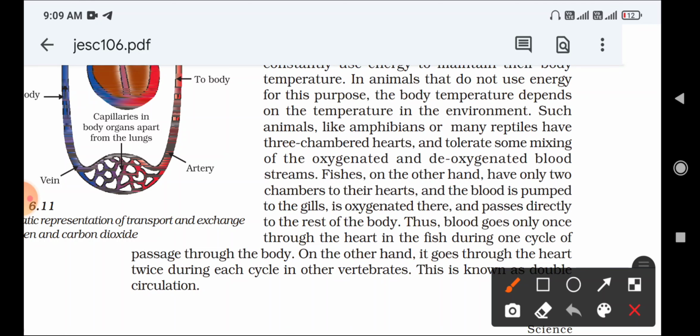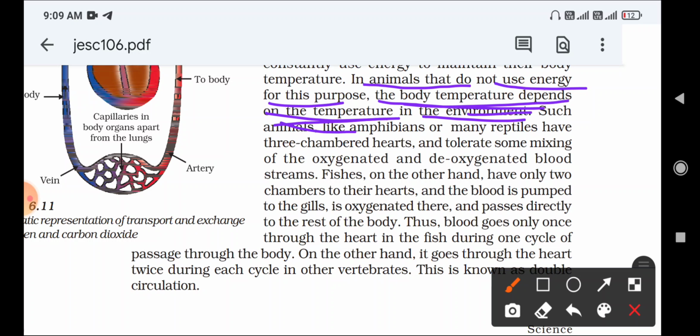These are animals that do not use energy for this purpose, meaning they do not regulate their body temperature. Their body temperature depends on the temperature of the environment.